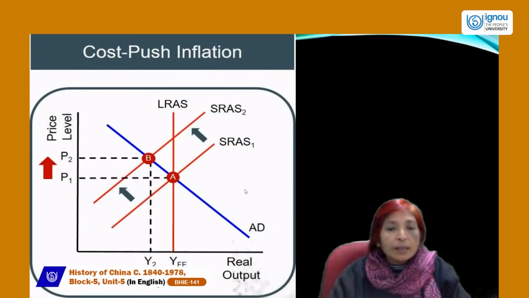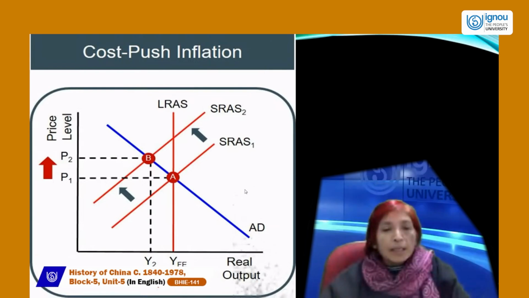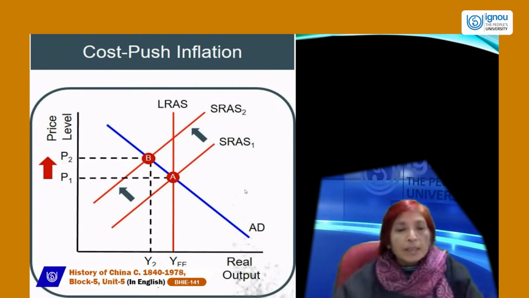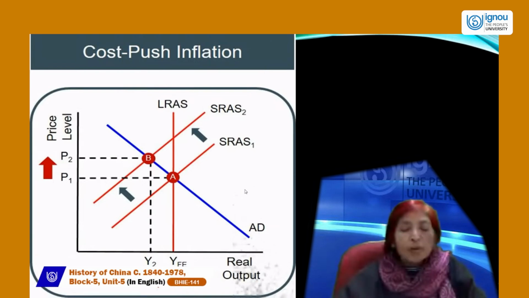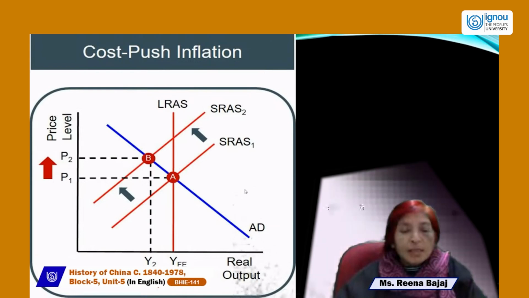Aggregate demand, you know that it's a downward sloping curve, where the aggregate demand curve intersects the LRAS curve. First, equilibrium point A is determined here, a point where SRAS1, LRAS and aggregate demand are all intersecting. First the price level P1 will be determined and the income level Y. This is the full employment level of equilibrium because LRAS is showing that the economy is in a full employment situation.